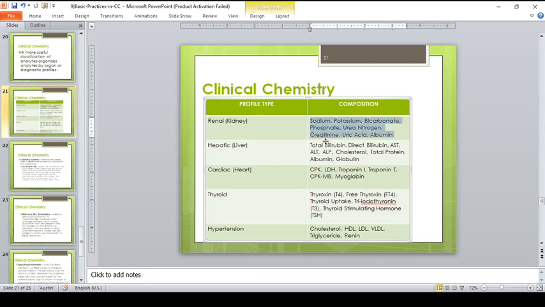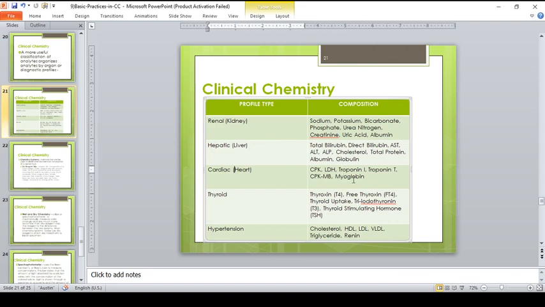Ito minsan tinatawag na kidney function test. Liver function test, sa liver function, these analytes reflect the activity of the liver. These analytes reflect the activity of the kidney, so you may measure these kinds of analytes when you want to assess how the kidney is functioning. Okay, same with the others.